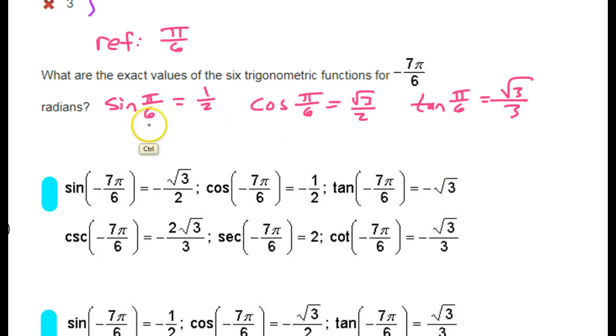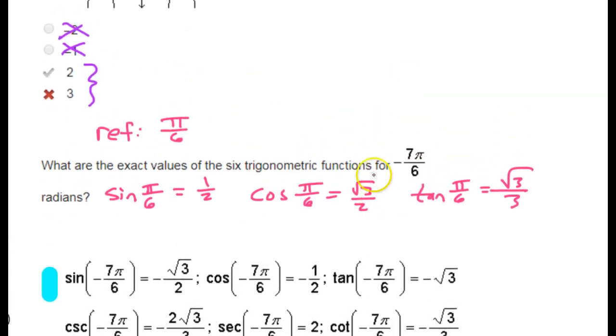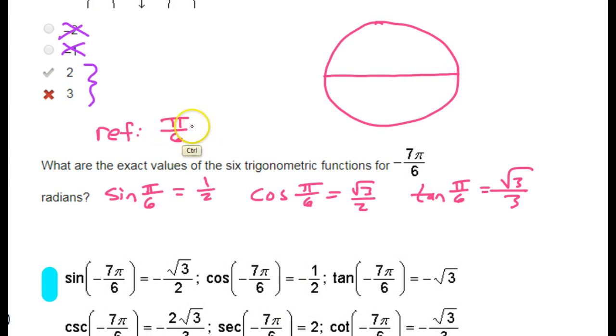Okay, now the only thing is I need to figure out whether these will be positive or negative, since I'm dealing with negative 7 pi over 6. Now, to know that, I just need to know what quadrant we're in. So look, since the reference angle is pi over 6, I'm going to draw a bunch of pi over 6s. The top half of this circle is pi, so I'm going to split this up 6 ways.